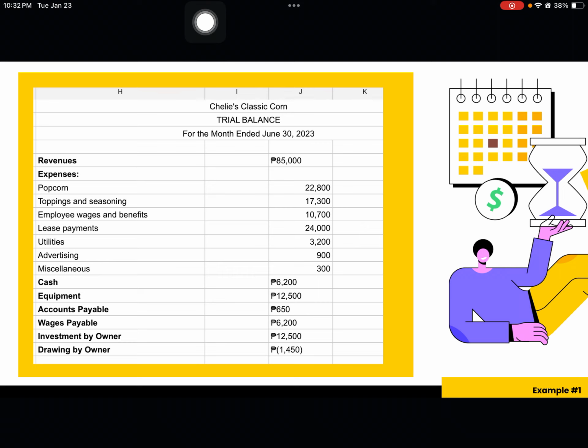As you can see, the heading of the income statement... let's prepare the income statement so we can inform how Shelly's Classic Corn performed for the month of June. Remember, an income statement is for a period of time.